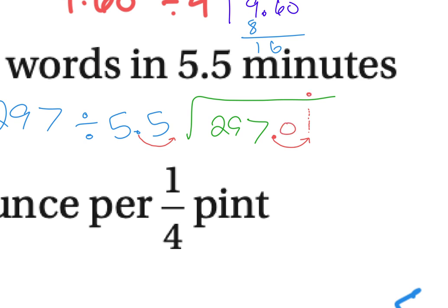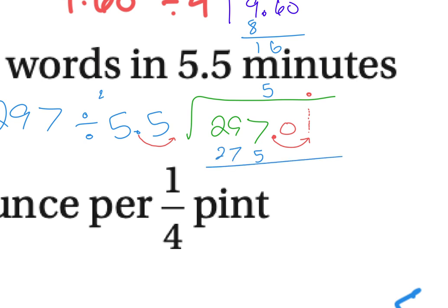And instead of it being 297, it's actually 2,970. Okay? So 55 goes into 2,970. I'm going to say probably about 5 times. 5 times 5 is 25. So 275.